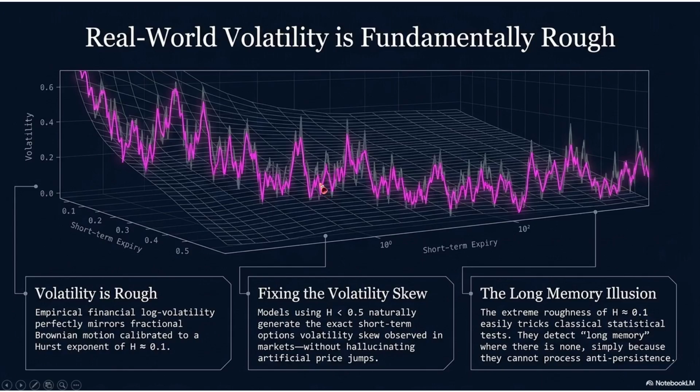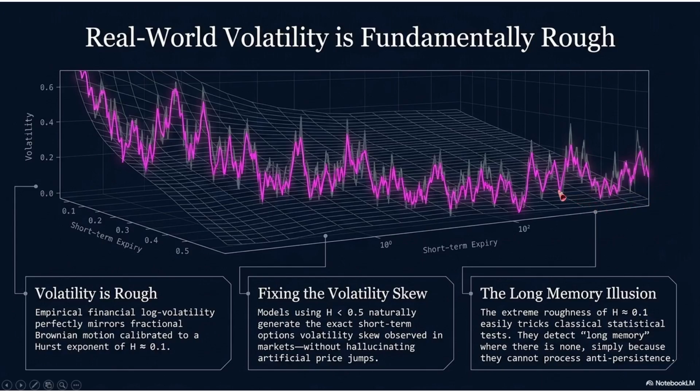So why do we care about this mathematically complicated rough fractional Brownian motion? Because, as you can see on this 3D chart, real-world financial volatility is fundamentally rough. Empirical data shows that financial log volatility closely mirrors fractional Brownian motion, calibrated to a Hurst exponent of roughly 0.1.